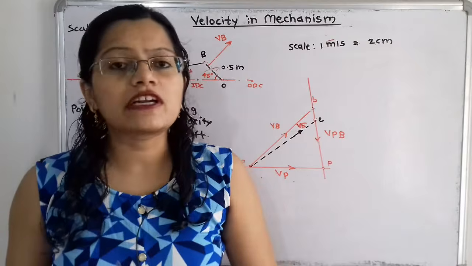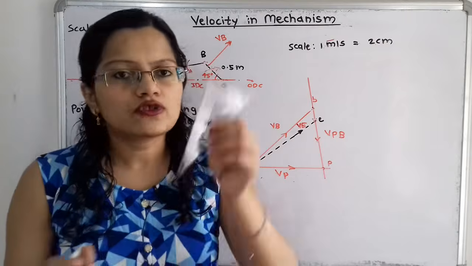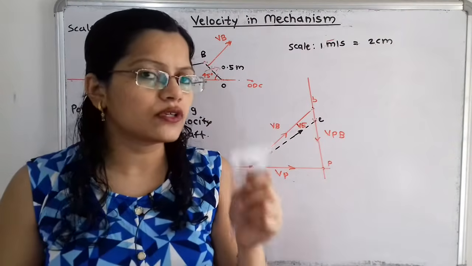This is an important task: how to draw this perpendicular line. We have to use the protractor, whose two edges are perpendicular to each other.